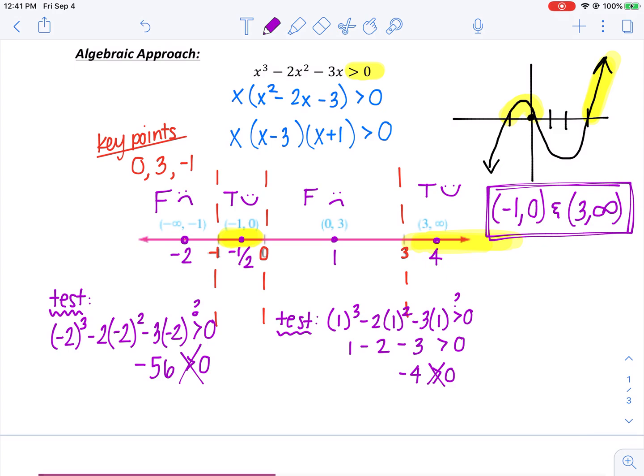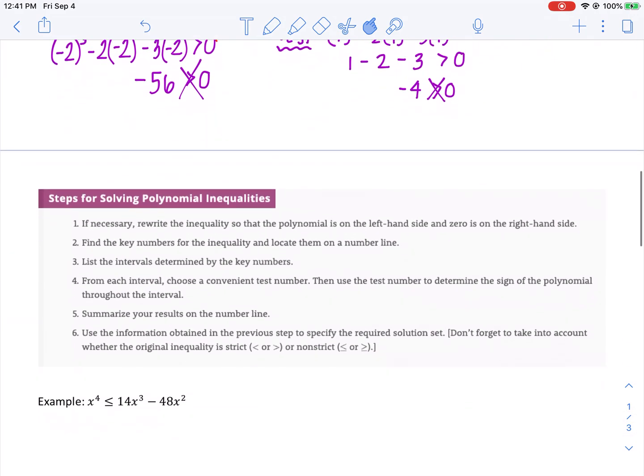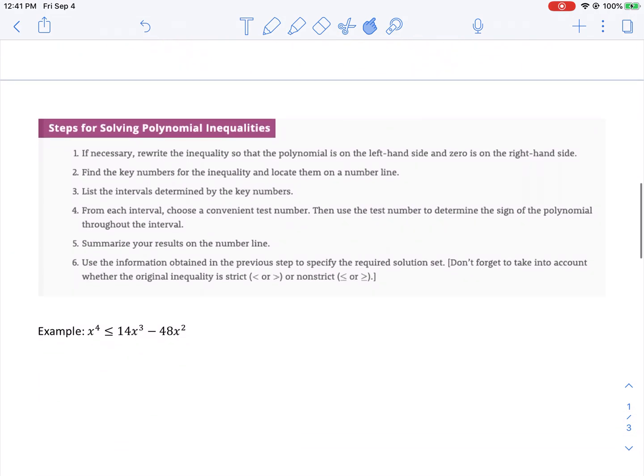So key points, a lot of checking, smiley faces, sad faces, and then you'll feel good to go. Here is written out in words kind of what we just did. So when you are solving a polynomial inequality, you want to rewrite it so that 0 is on the right side, just like we would if we were doing a quadratic like normal.